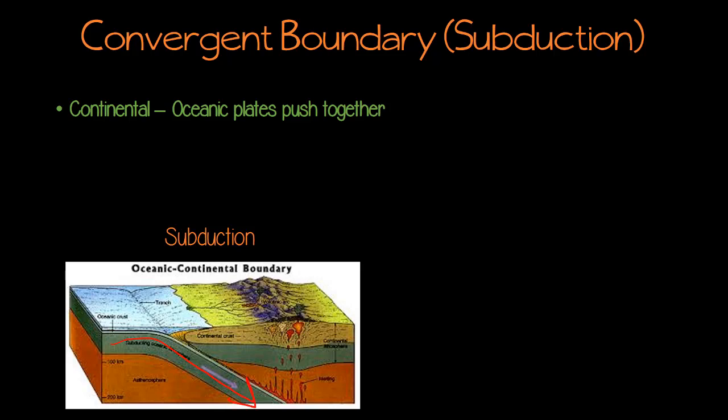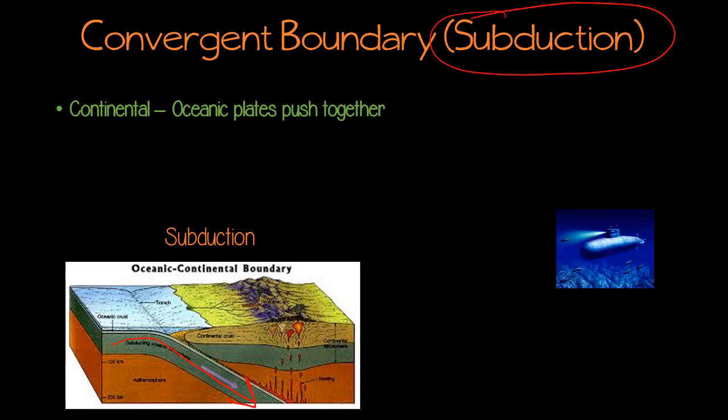Now, this is a special process. It's still a convergent boundary, but it's called subduction. And I like to remember that submarines, the sub in submarines, go down under the water, and in subduction, which is also a sub, the oceanic plate goes down underneath the continental plate.